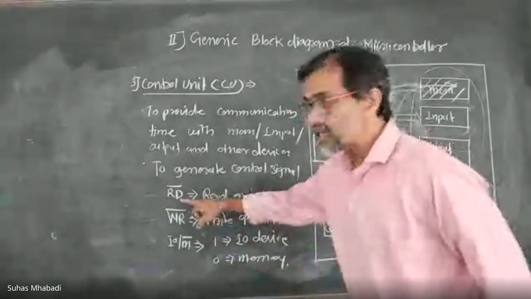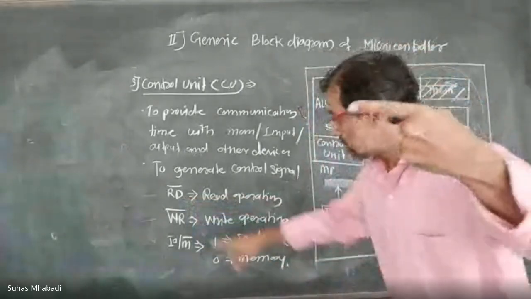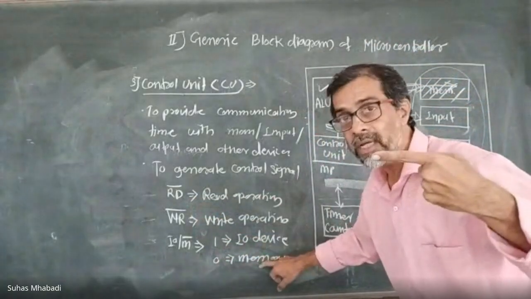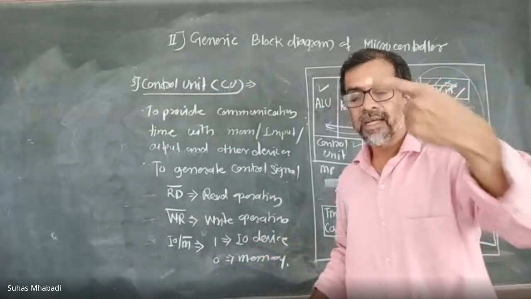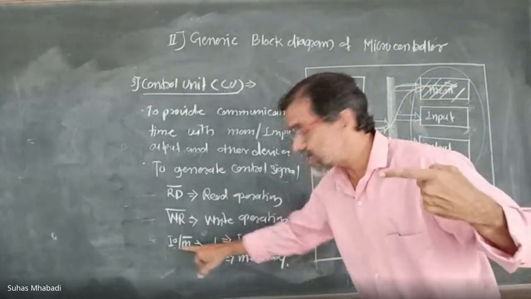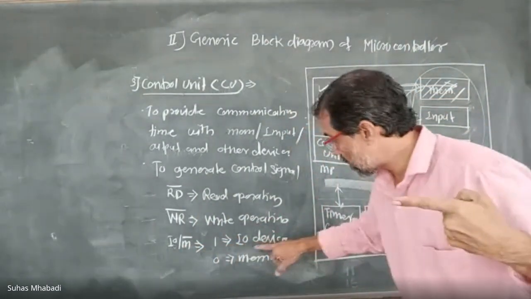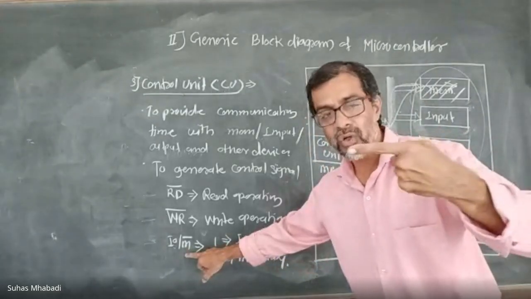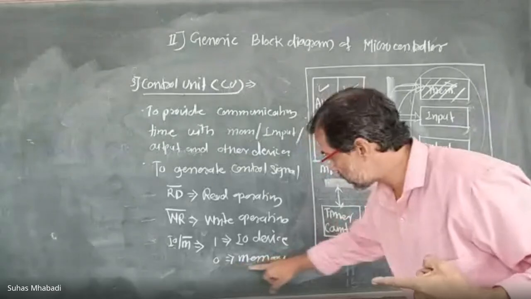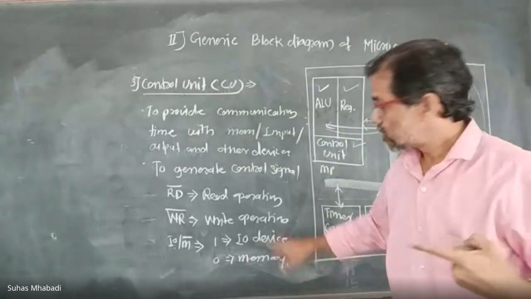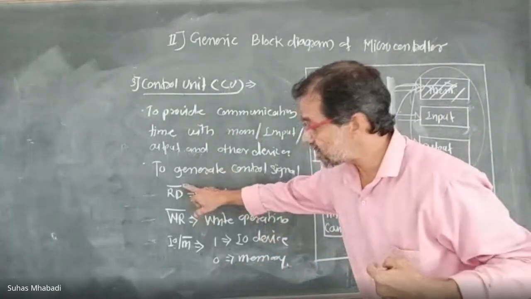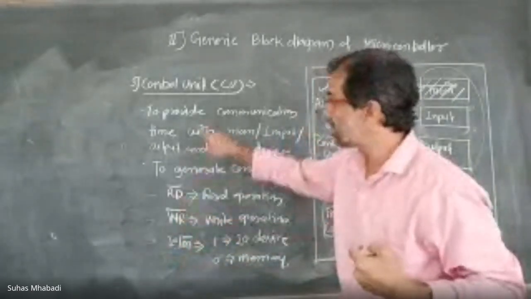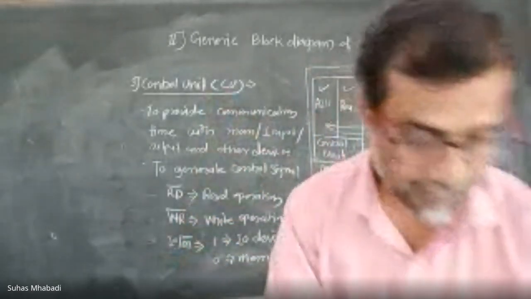So this is accomplished by a single wire. The selection of memory or I/O device is done by a single wire. When this wire is high, we communicate with I/O devices. When the wire goes low, we are communicating with the memory devices. So these signals, read bar, write bar, IO/M bar, are developed by the control unit.